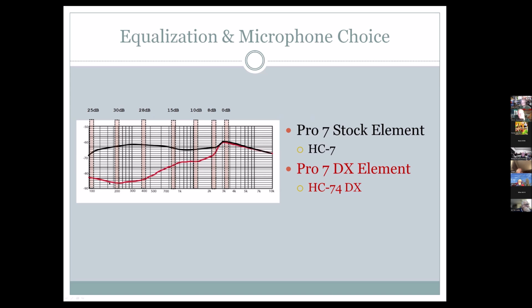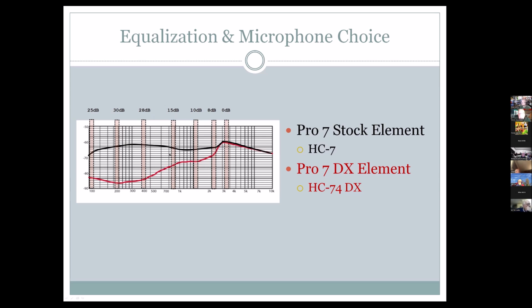You can see this black response curve here where it goes from 100 hertz up to 10 kilohertz. I put the red boxes where my equalization settings are, and there's a 25, maybe almost a 30 dB difference between the two, all the way up to maybe 500 hertz. It's a ginormous difference, and that's where a lot of that full sounding bass comes from.